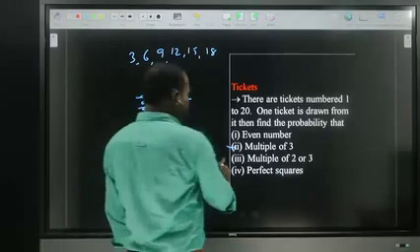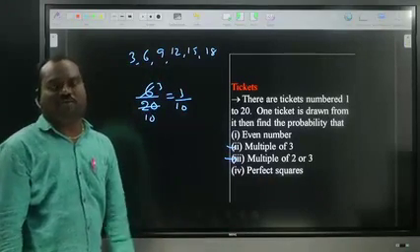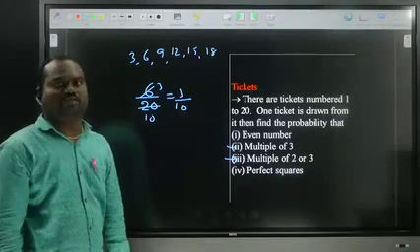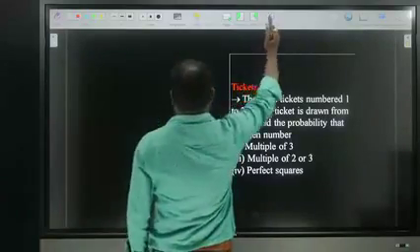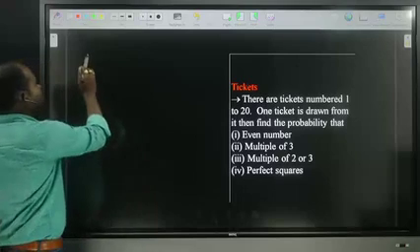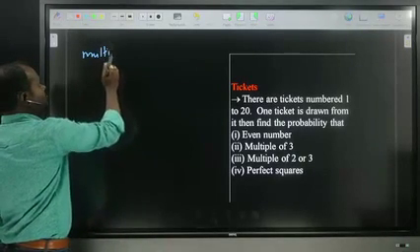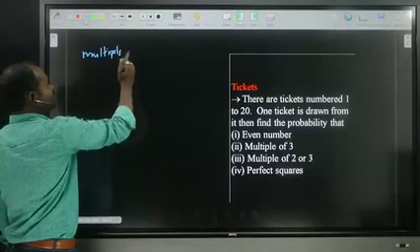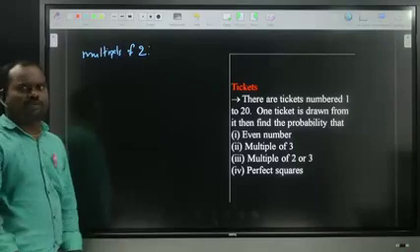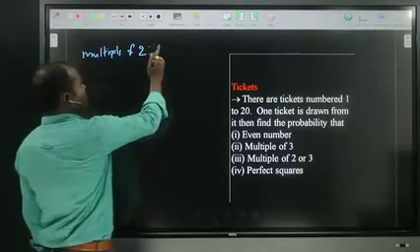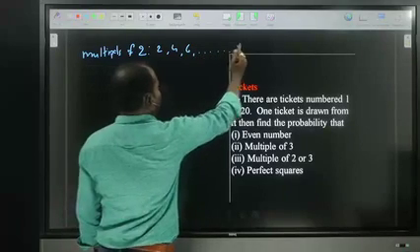Right, okay. Now we are moving to the next question: multiples of 2 or 3. How to approach? Multiples of 2 means the 2 table numbers, simply the even numbers: 2, 4, 6 up to 20.